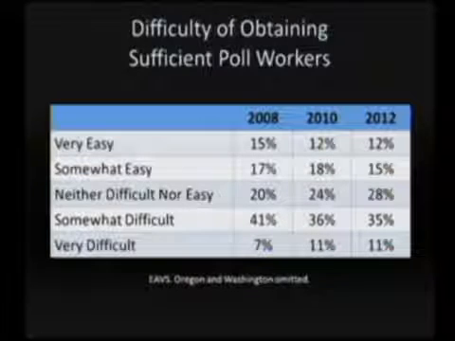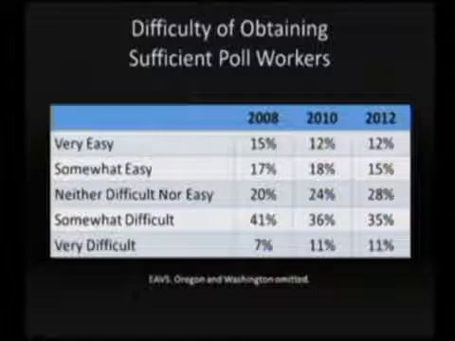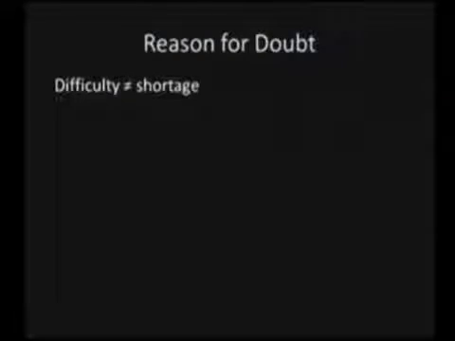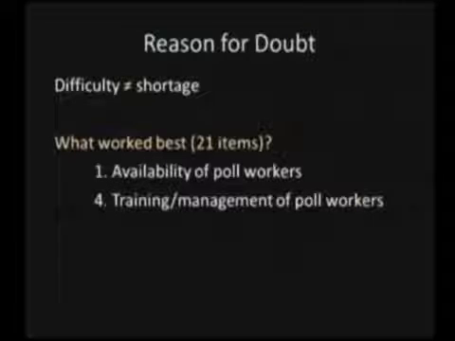Why might we doubt the answers to these questions? One is that it being difficult is not the same as there being a shortage. Another is that in the surveys you're going to hear about from Steve in a moment, when we ask local election officials what worked best in the 2012 election, from a series of 21 items they could select from, the number one thing that worked best, in the preliminary data at least, is they had plenty of availability of poll workers.